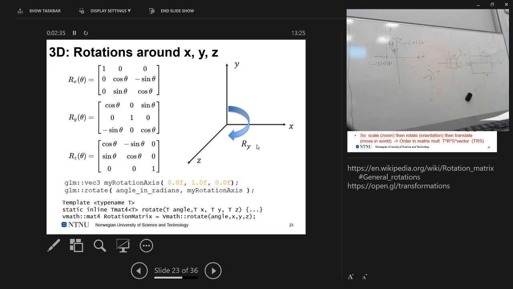And then depending on what numbers you set here, you will get different axes you rotate around. Then you input that into this GLM rotate function. So here you put your rotation axis and then the angle you would like to rotate around that axis. Try to play around with that to figure out what axis you get by setting different numbers here.